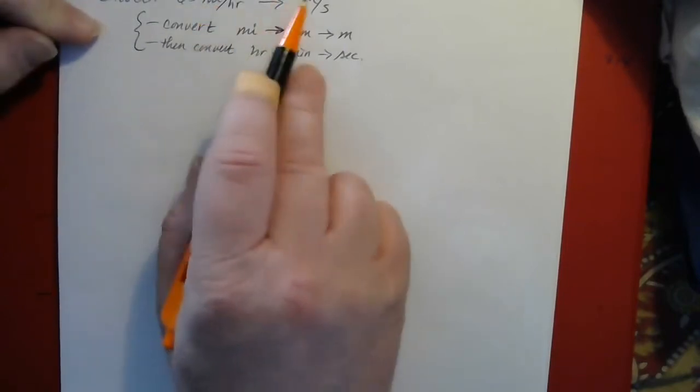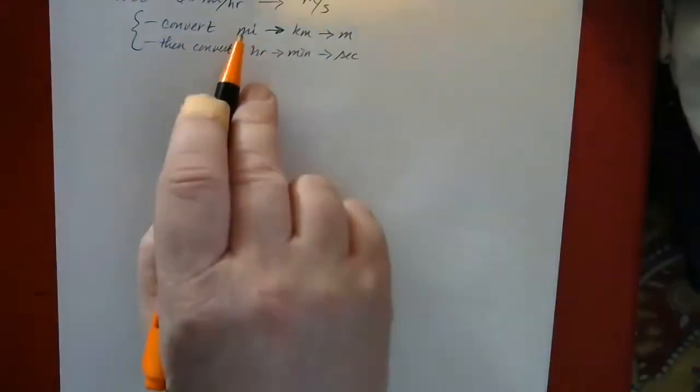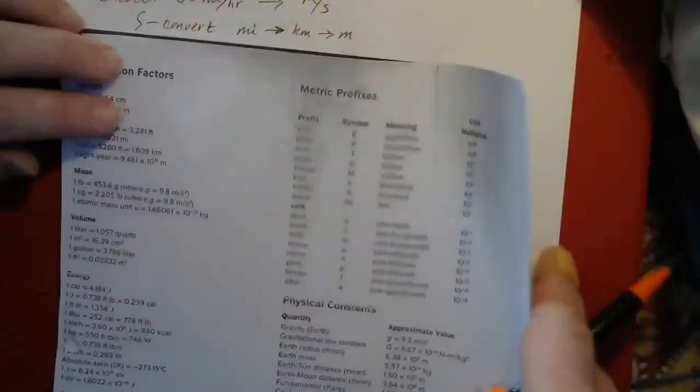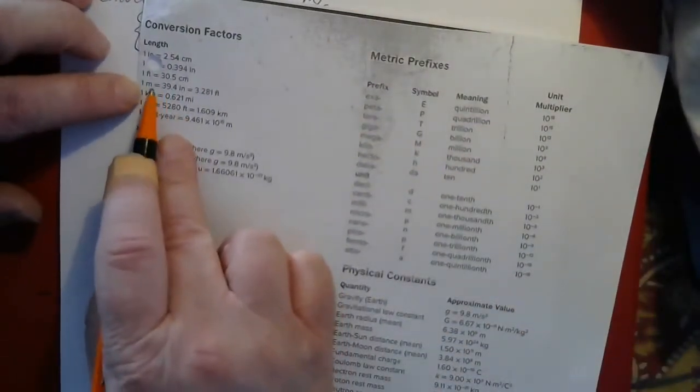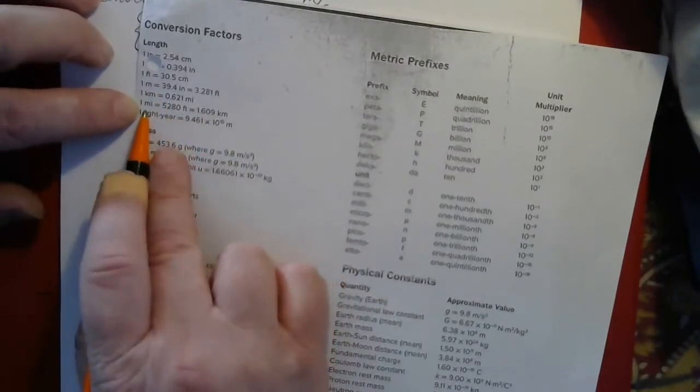So to go from miles to meters, I think the most sensible way would be this: miles and meters are both units of distance or length. And if you look at the conversion factor here, we've got miles to kilometers, right?